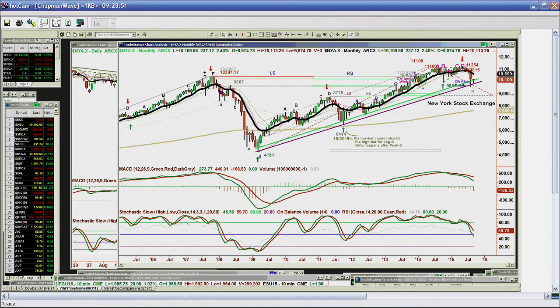A second Roman candle took it out, took a long time, 1, 2, 3, 4, 5, 6 months before it pierced it, and then bam, we went all the way down to 41.81 from the 10,387 level. Will we do the same now?